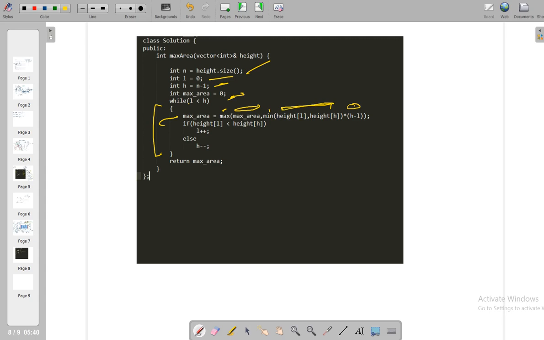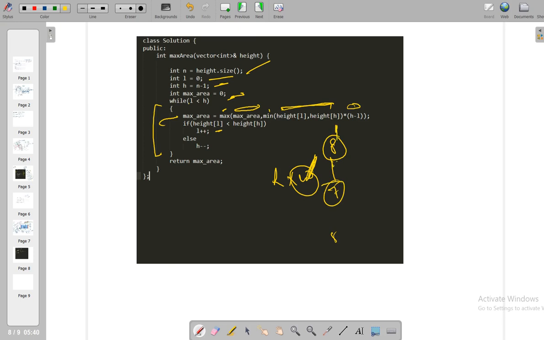And as I explained earlier, area is height into width, and we are maximizing the width. We have the idea of the maximum width. Earlier it was 8. Now we will go for 7 width. We will not go for 5 or 4 width, because we want to keep the maximum.